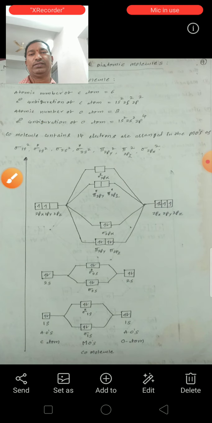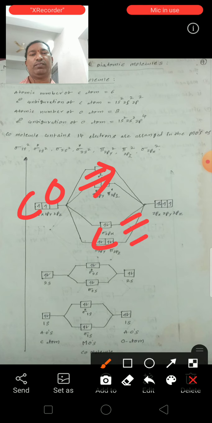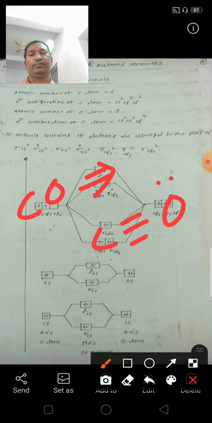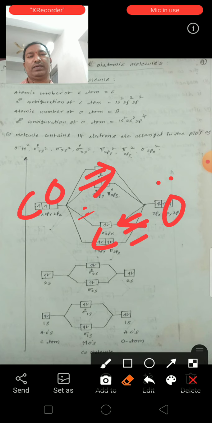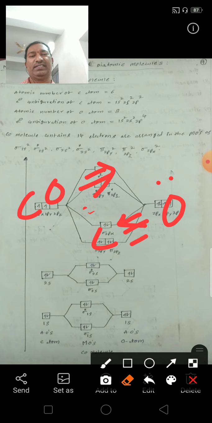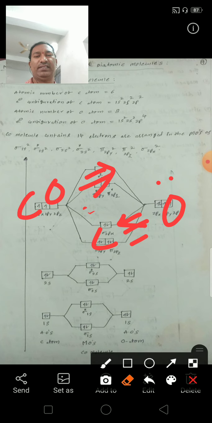So this carbon monoxide exists like C double bond O, with carbon having a plus charge. The number of bonds between carbon and oxygen is 3.